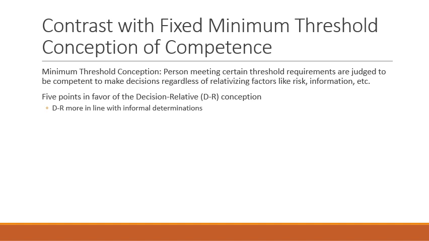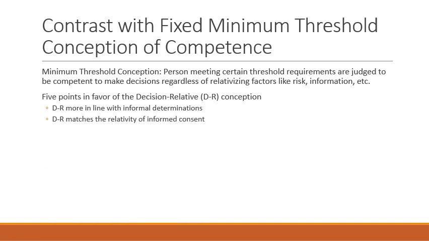So it's more in keeping with a pre-theoretical view of how competence works, that most people have a hunch that competence is relative, so a decision relative conception is going to be better.